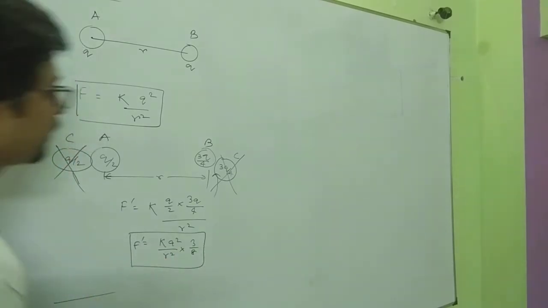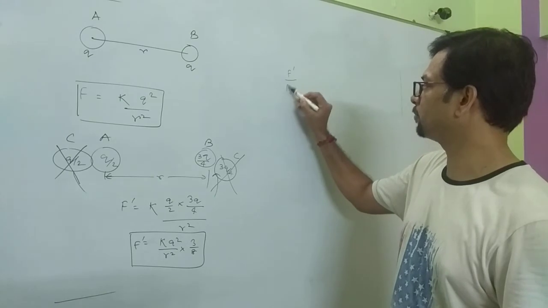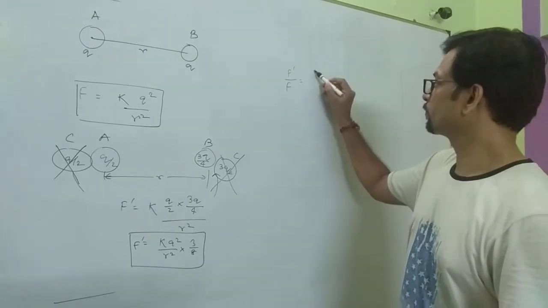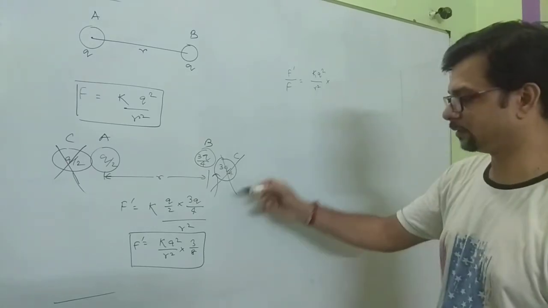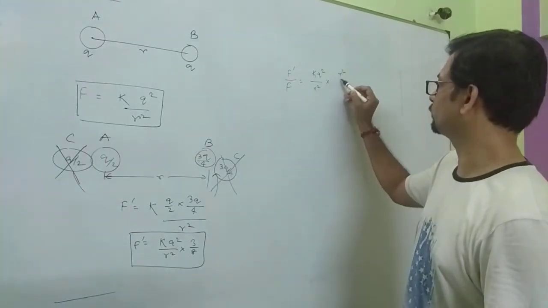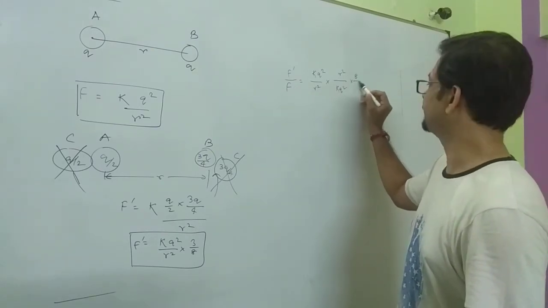Therefore, if you want to find the ratio, F prime by F will be equal to K Q square by R square into 3 by 8, with the denominator reversed, that means R square by K Q square into 8 by 3.